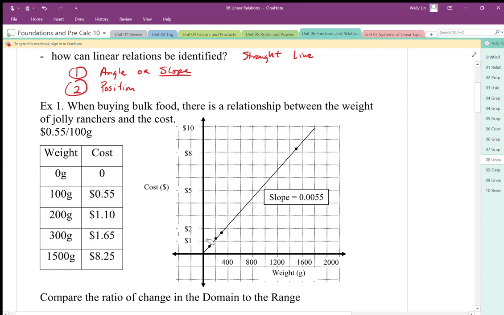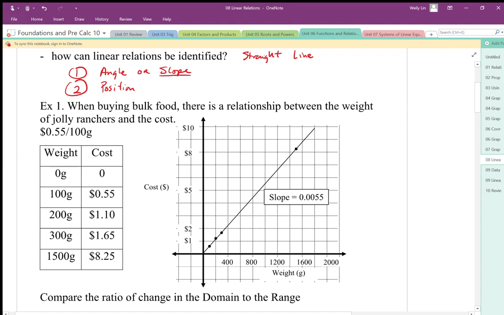We're going to get this relationship where we have 100 grams, 200 grams, 300 grams, and over here 1500 grams graphed as that dot there. So we have these data points. Our dependent variable is cost, the independent is weight. Our input is weight, and our output is cost.